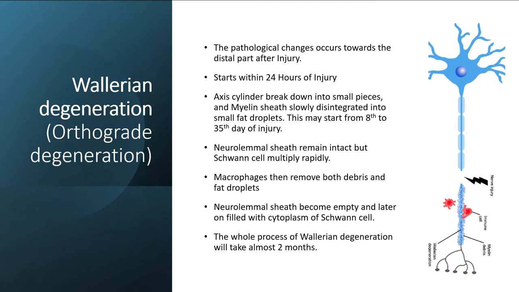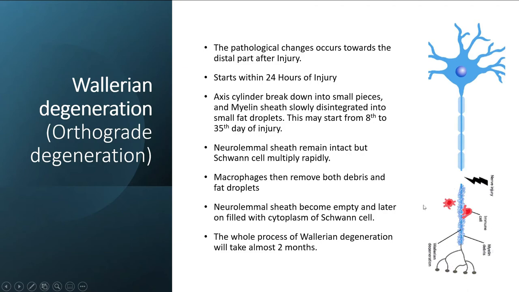What are these pathological changes that occur in Wallerian degeneration? I will discuss with you. First of all, this is the axis cylinder, the axonal part. This will break down, of course. Now we have to focus on the lower part.